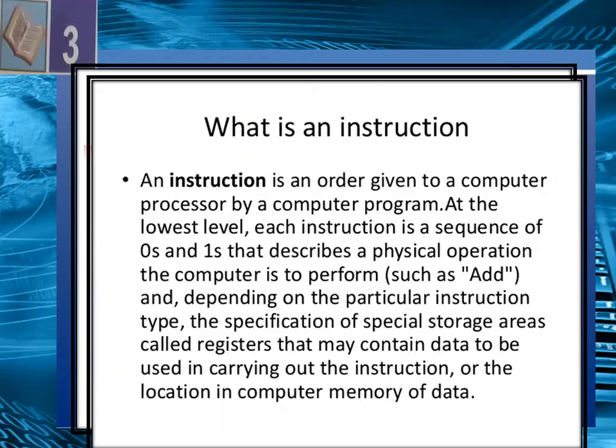So in general terms, when we talk about the instruction, instruction is an order given to a computer processor, which is executed by the computer processor. So when we click and we select anything, that is an instruction for the computer. When we write anything, we open any file, that is also instruction for processor.